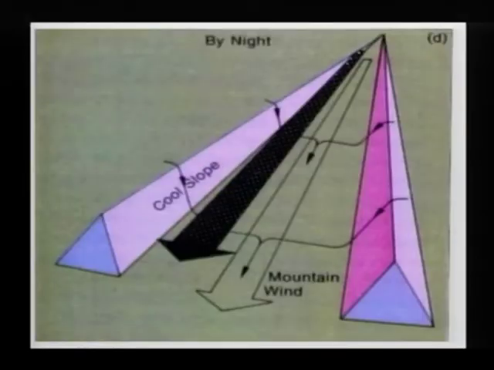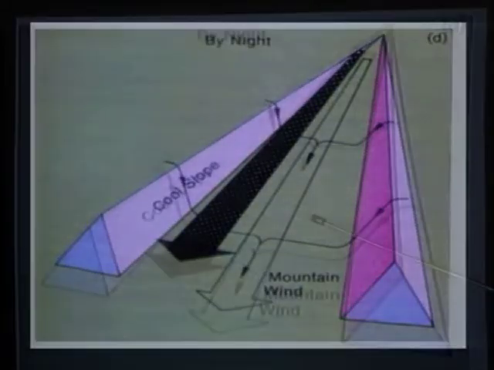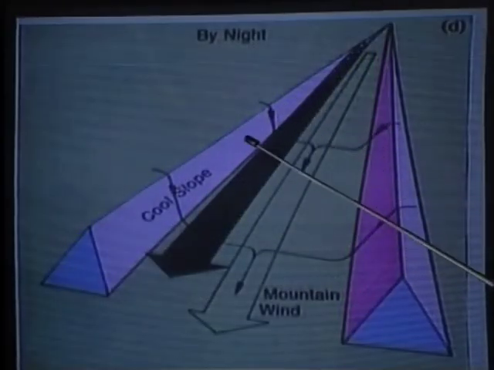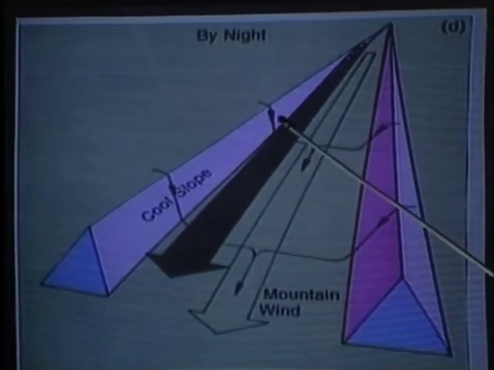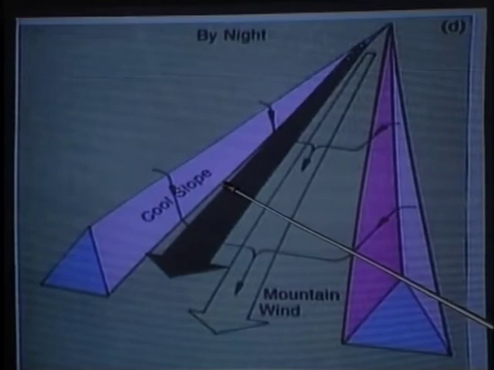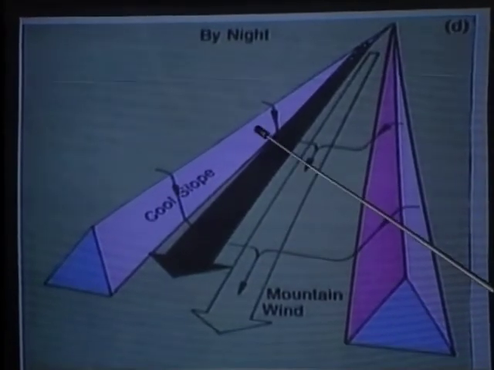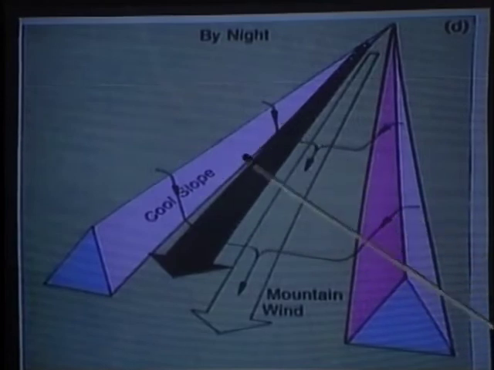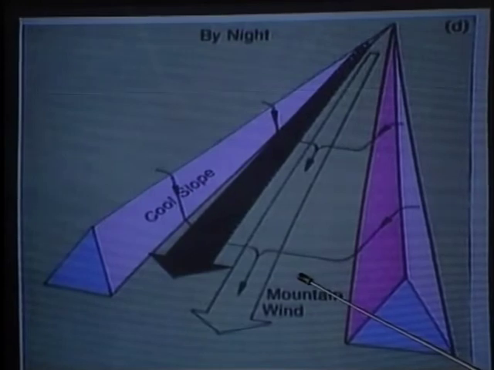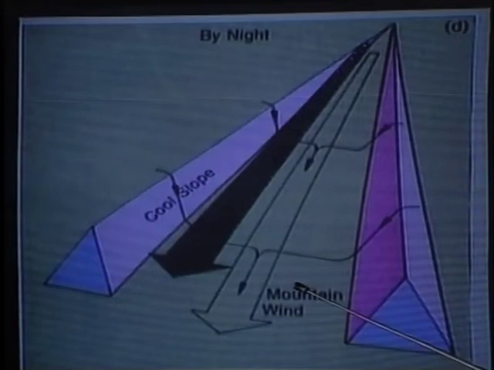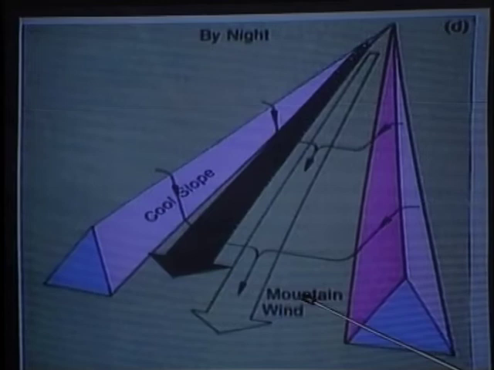By night, what is actually happening is through radiation, that is the losing of heat, the slopes will lose their heat quicker. And when they lose their heat quicker, it will be cooler or colder along where the slopes are. The valley floor will lose their heat slower, therefore they are warmer. And because the valley floor is warmer, the air rises from the valley floor, giving rise to a low pressure area on the valley floor.